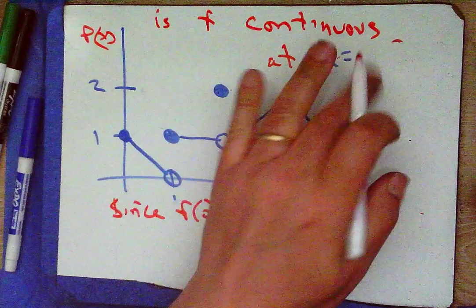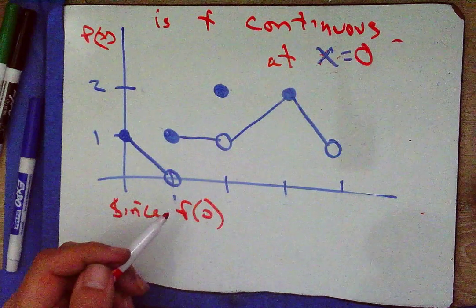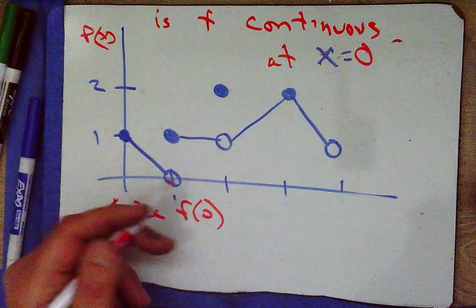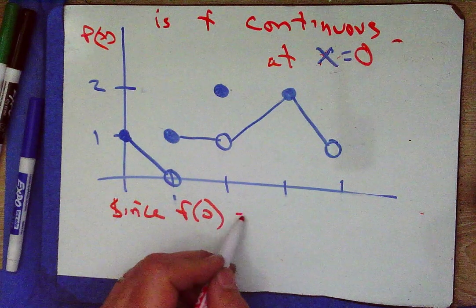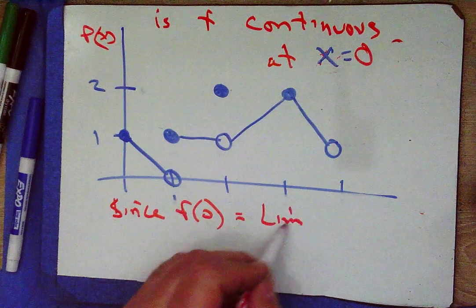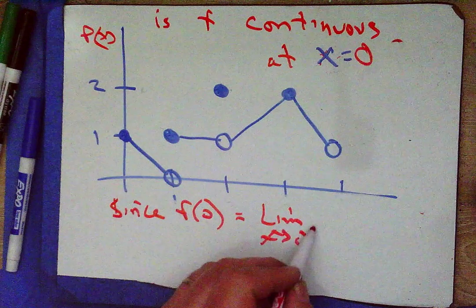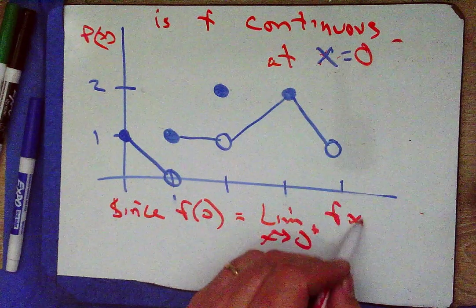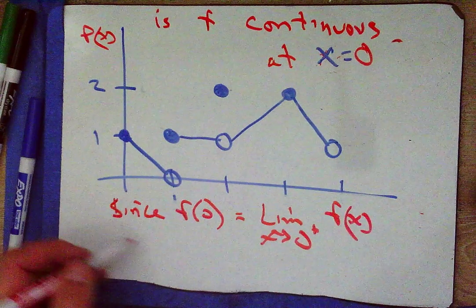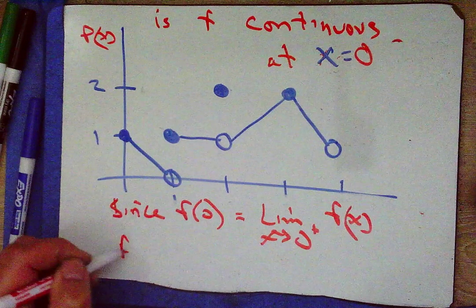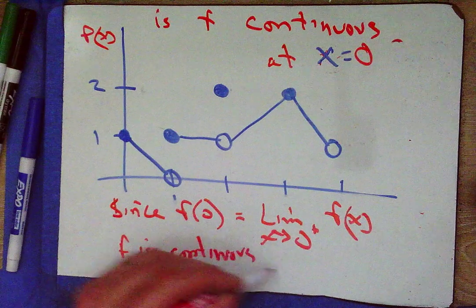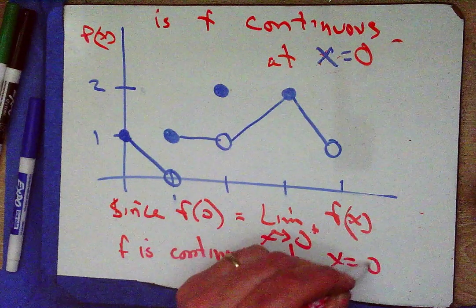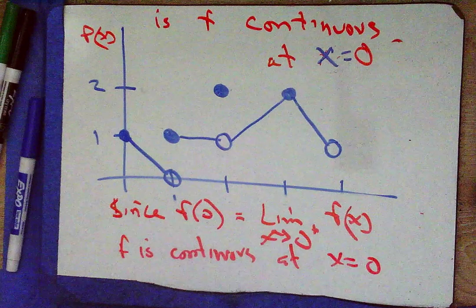Oh, we already did 1. I hope you know I meant 0. Maybe you should try again if you did 1 a second time. All right, since f of 0 equals the limit as x approaches 0 from the positive side, we know that f is continuous at x equals 0. Okay?